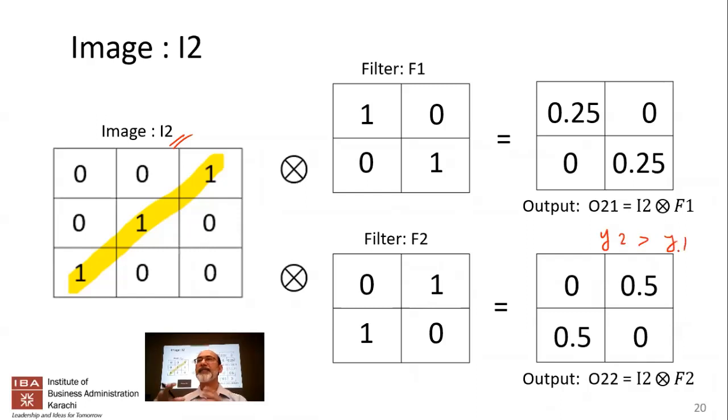If we apply max pooling again over here, then y2 comes out to be 0.5, and y1 comes out to be 0.25. So y2 is now greater than y1. What we're basically saying is that this filter is predicting that there is a higher probability of an upward sloping image in image number 2.